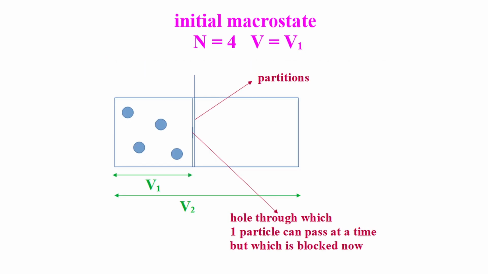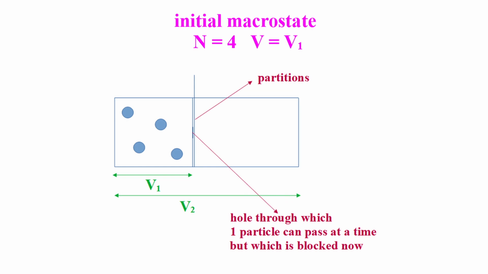To make the analysis simple enough, let us say that the initial macrostate of a system is a gas consisting of just 4 particles, which may be atoms or molecules, in the left compartment of a container, while the right compartment is empty.